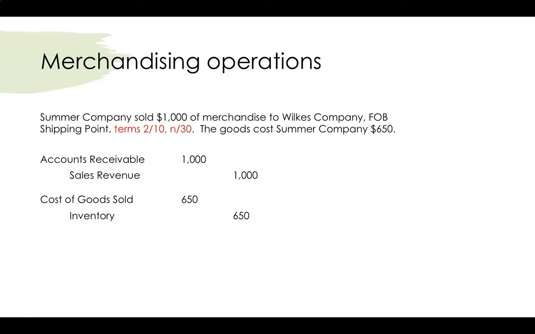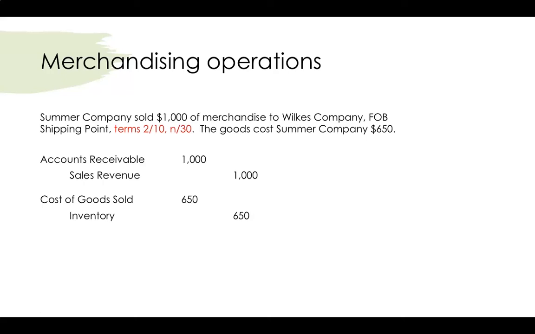So that tells us off the bat that they must have not paid for it when that transaction first happened, right? So that's how we know it's on account. And it lets us know that there's a discount possible, right? Companies are going to be wanting to offer these discounts to be able to get their cash faster, right?